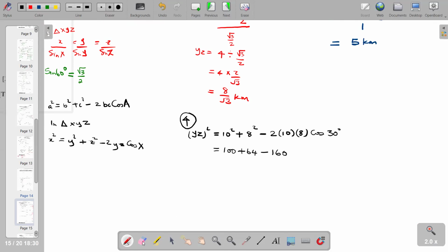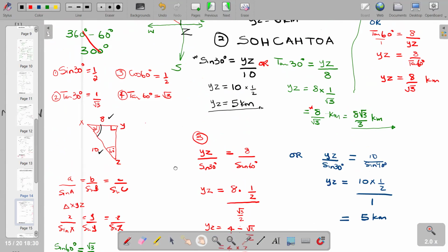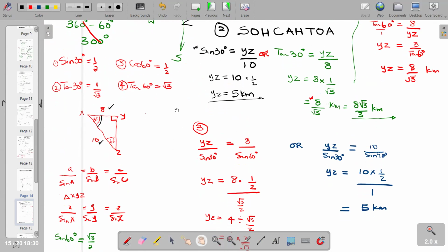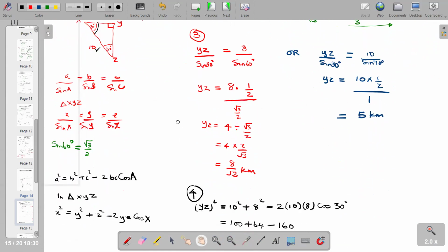If we go and check on cos 30 degrees, we already have those ratios. You are supposed to know them by heart. So cos 30 degrees is root 3 over 2.